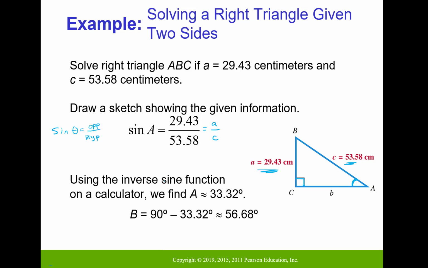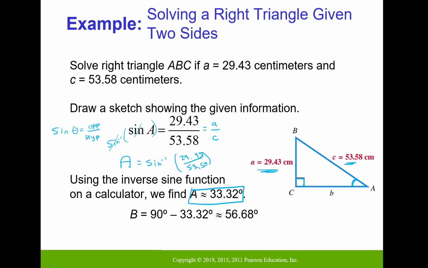If we actually use a calculator, we would take sine inverse of both sides of this equation. On the left side the sine inverse would undo sine and we would get that angle A, and on the right side we would have sine inverse of that value, which we plug into the calculator. So sine inverse of 29.43 divided by 53.58, and in the calculator that would give us that A is approximately 33.32 degrees.